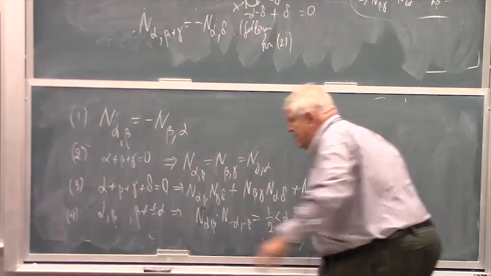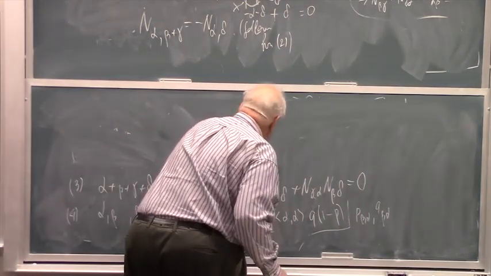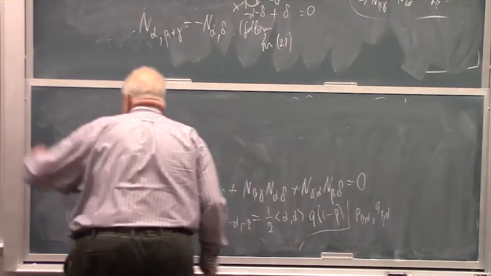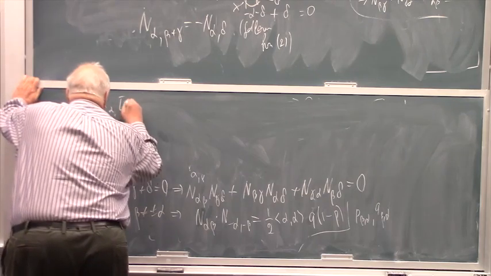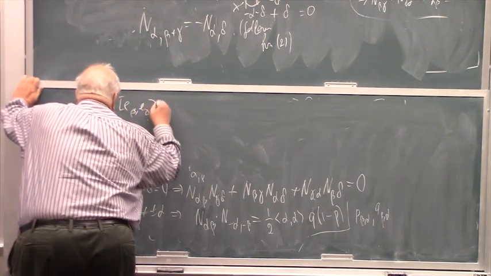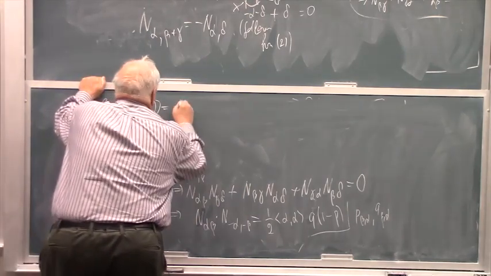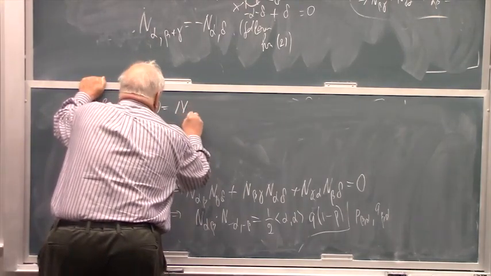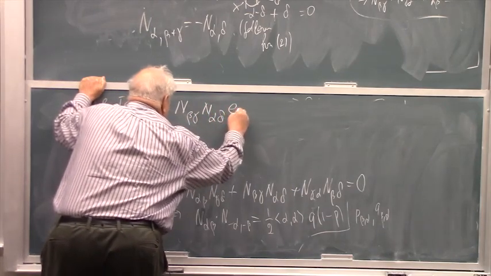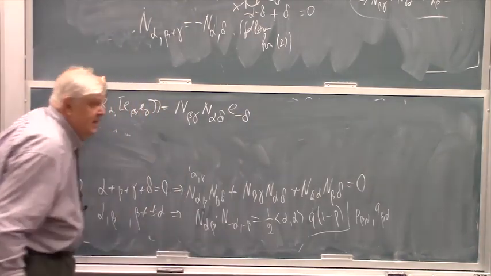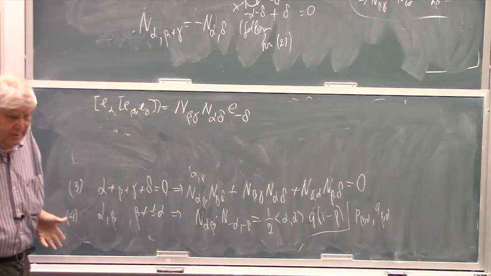Yes, I will keep these 2 relations, but here this I can erase. And you see that E alpha, E beta, E gamma together. This is n beta gamma, n alpha delta, E negative delta, right? E negative delta anyhow is not 0.